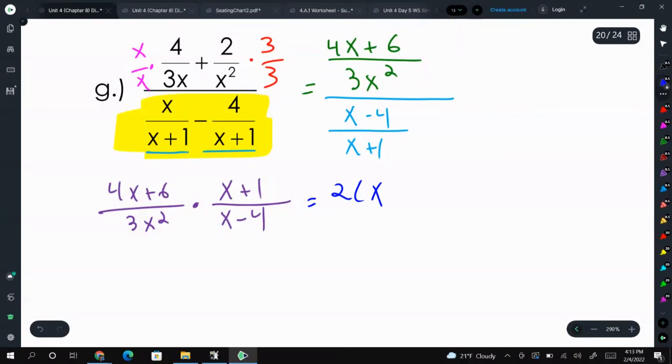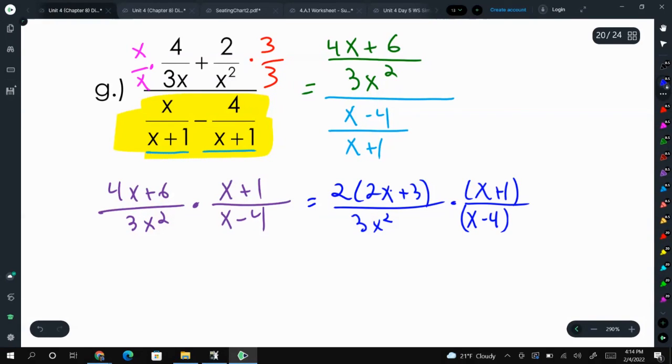So it's going to be 2 times 2x plus 3 over 3x squared times x plus 1 over x minus 4.